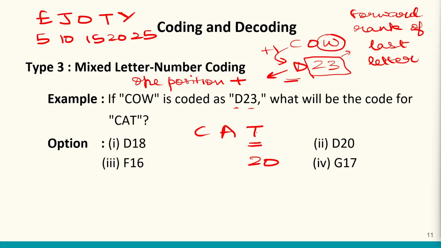So T will be 20 and C will be plus 1, that is D. So my coding for this word cat will be D20, which is option number 2. Okay, so this is how you solve mixed letter number coding.